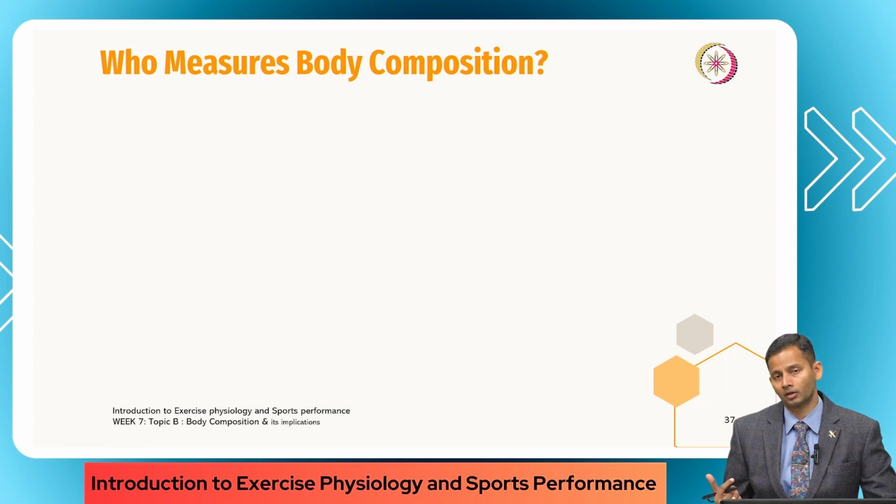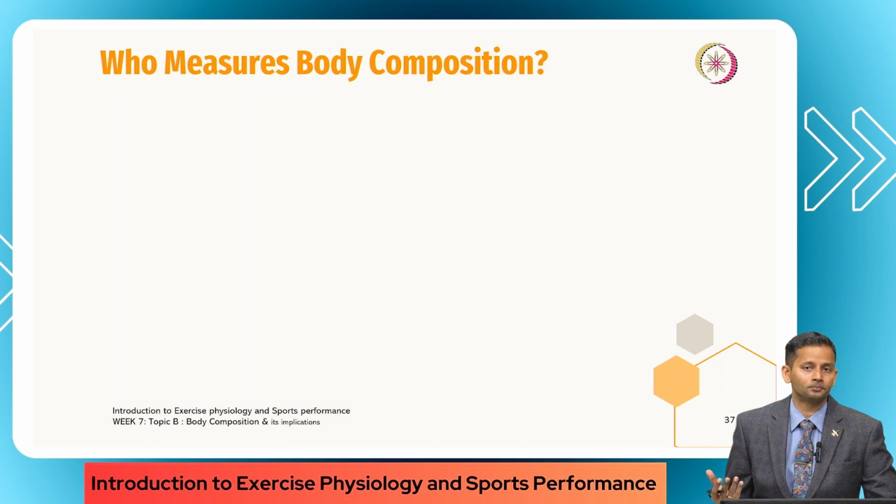Then another question is what is the practice of who is measuring the body composition. That is also an important aspect that needs to be considered, given that there is no single method which is more accurate in measuring body composition.